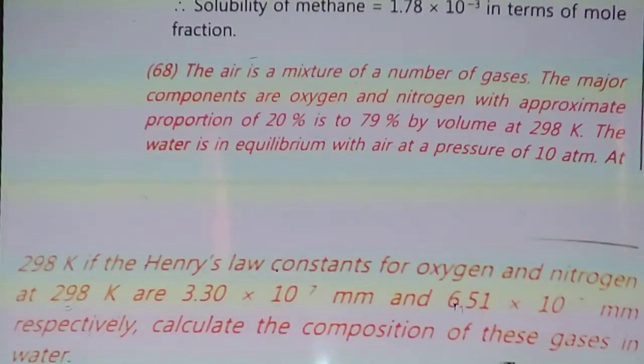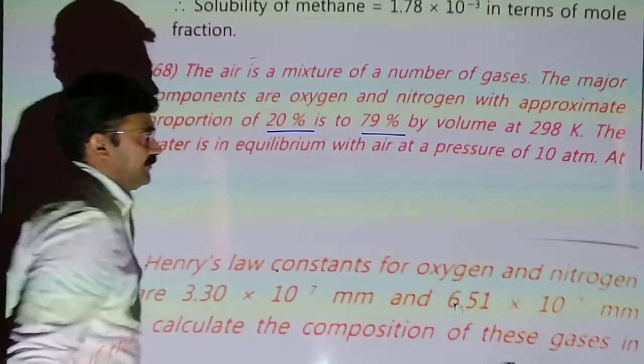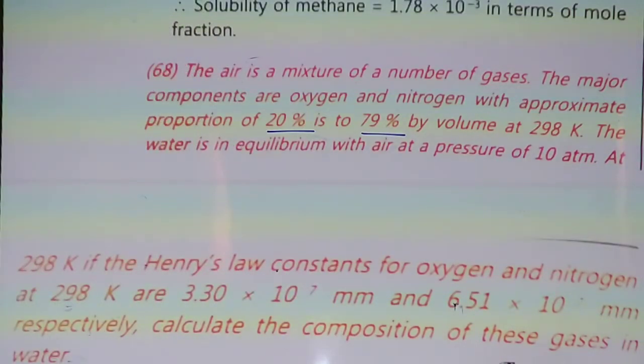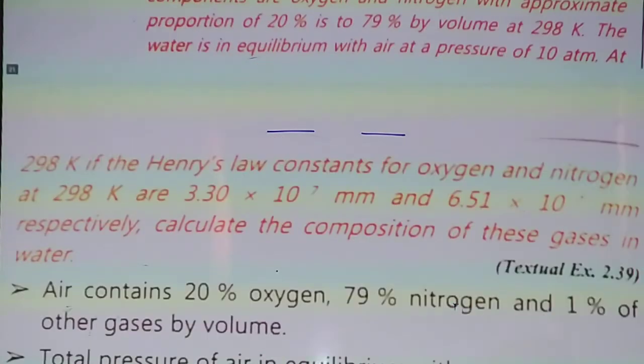The air is a mixture of a number of gases. Yes, our air is a mixture of a number of gases. The major components are oxygen and nitrogen in approximate proportion: 20% is oxygen, 79% by volume is nitrogen. Water is in equilibrium with air at a pressure of 10 atmosphere at 298 Kelvin.